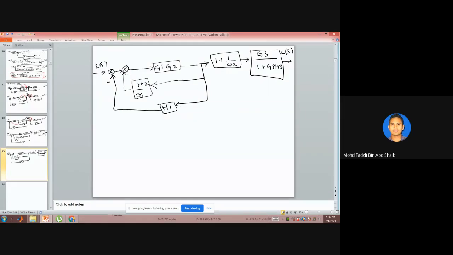How about this? This is combined together because this is in series, right?